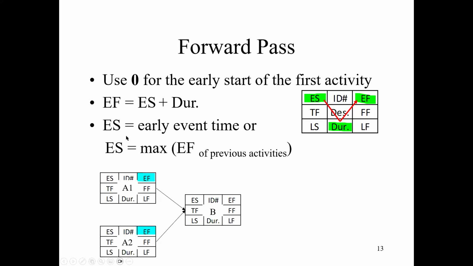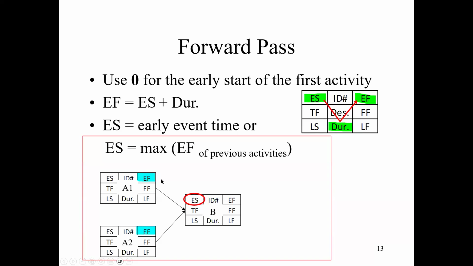So your early start time will be the largest number from your previous activities' early finish time. Does that equation make sense to you? The EF, for example, you have the two activities A1 and A2 here, and you have your following activity B. Both A1 and A2 should be finished, and then you can start B, right?